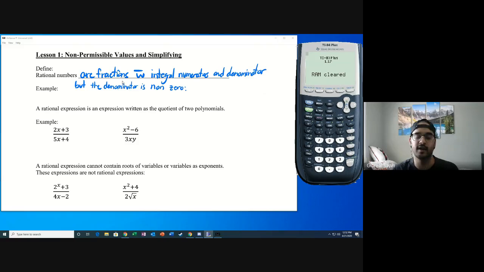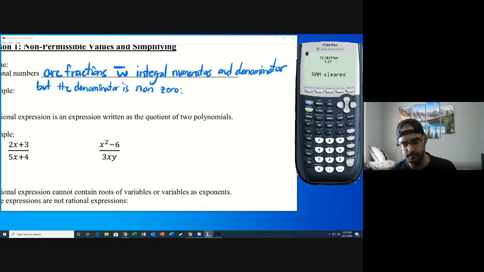Okay, so we know we can't divide by 0, so if it's a rational number, we can't have a 0 in that denominator. Now we can write it a little differently if you want to use variables here.